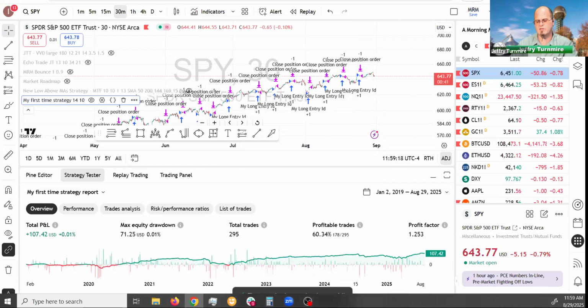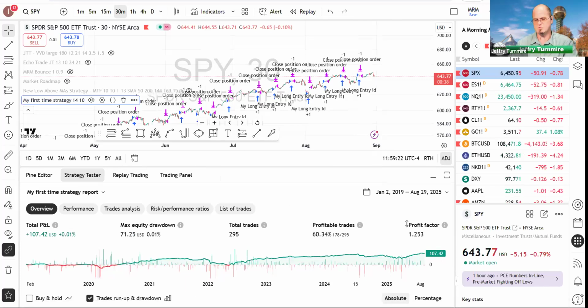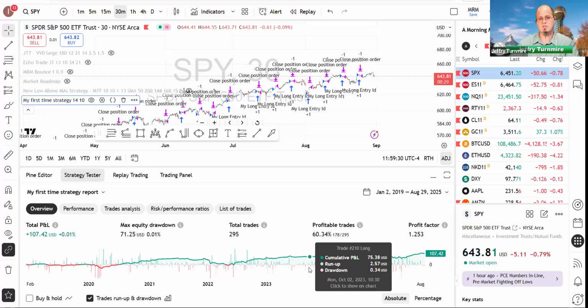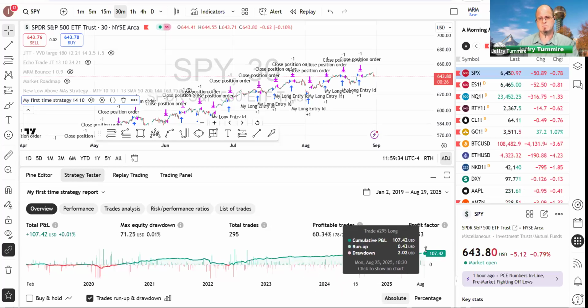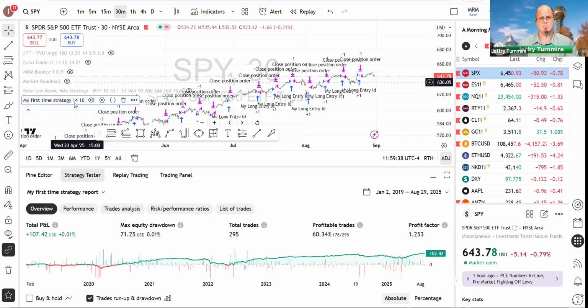We rerun the numbers, and somebody's messaging like crazy. That's cool. It actually ups the win rate a little bit, and the profit factor. So getting in at 2 o'clock is better than getting in at 3 o'clock.